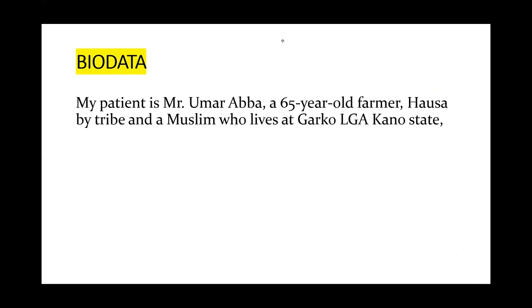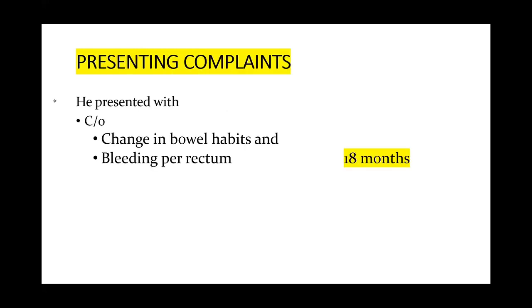My patient is Mr. Umar Abba, a 65-year-old farmer, Hausa by tribe and a Muslim, who lives at Garko local government of Kano State. He presented with a complaint of change in bowel habit and bleeding per rectum of 18 months duration.